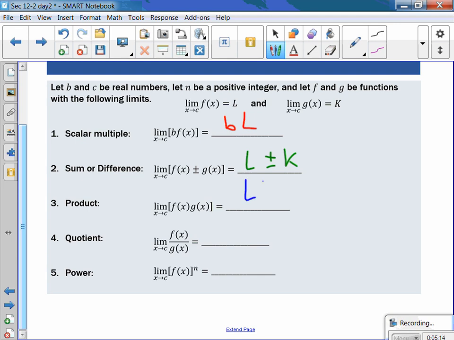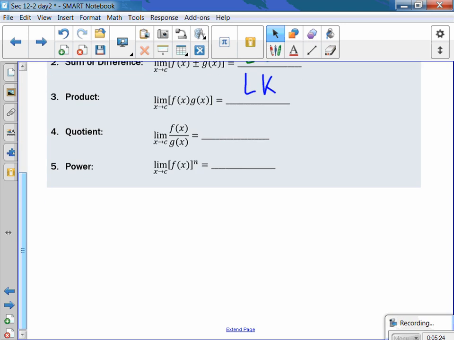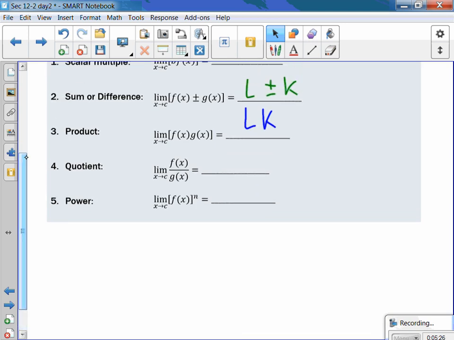There we can split that up as the limit of f of x as x approaches c times the limit of g of x as x approaches c. And my quotient? Absolutely. L divided by k, as long as k is not equal to 0.